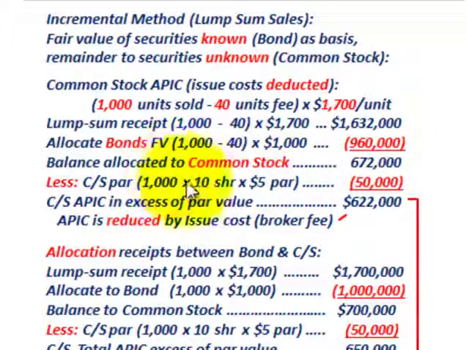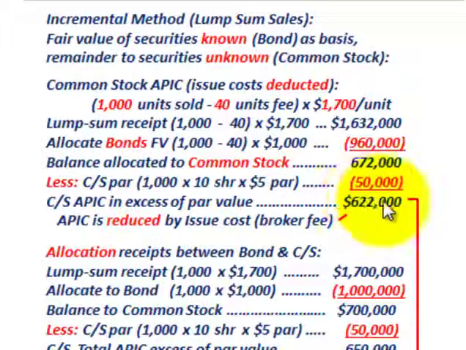Now, we know the par value of our common stock is $5 per share. We know there are 10 shares per unit and 1,000 units, so our total par value in common stock would be $50,000. The difference between the total allocation to our common stock, $672,000, less the $50,000, gives us the additional paid-in capital above the par value of $622,000.